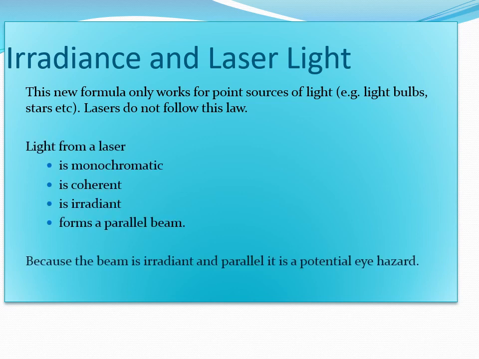And that's because a perfect laser actually remains the same brightness at any distance. Obviously that's not quite true in the real world, but in theory, a perfect laser remains the same brightness at all distances, so it doesn't actually follow this formula.